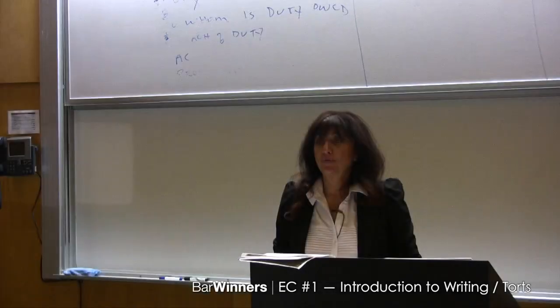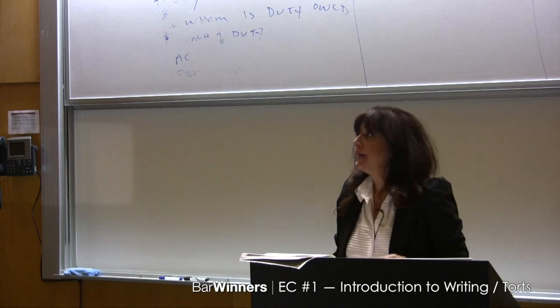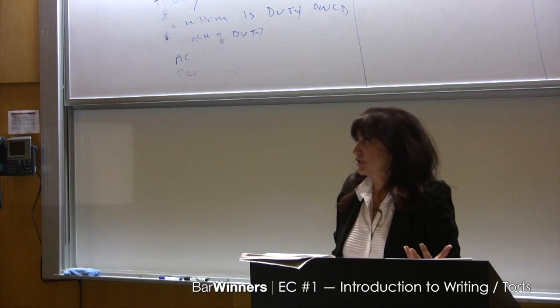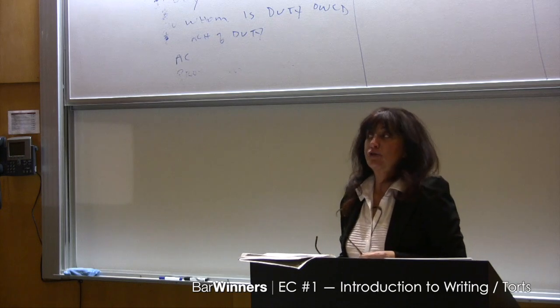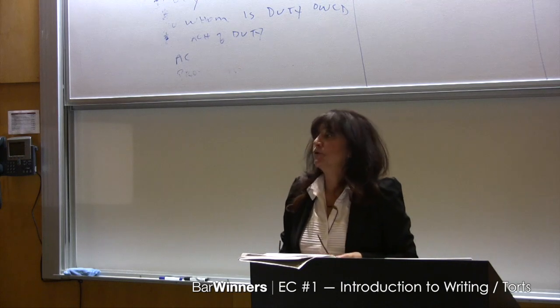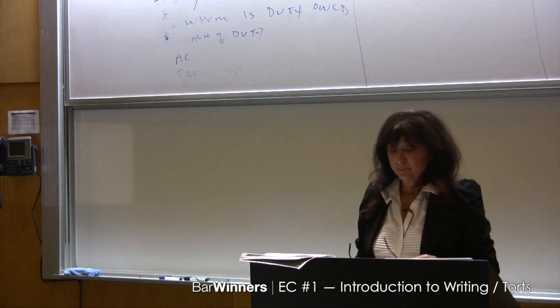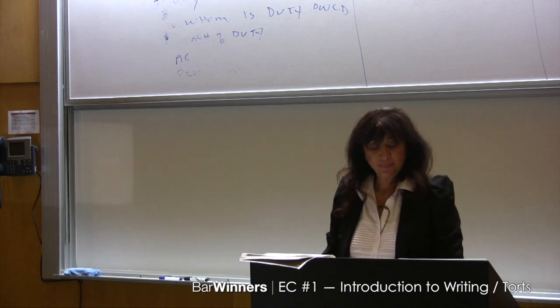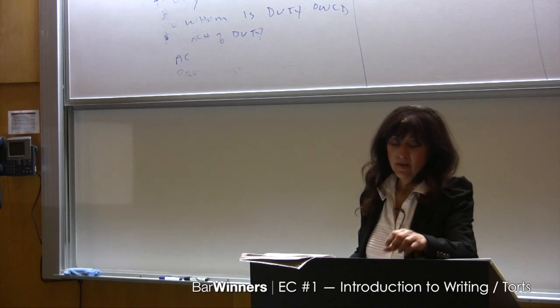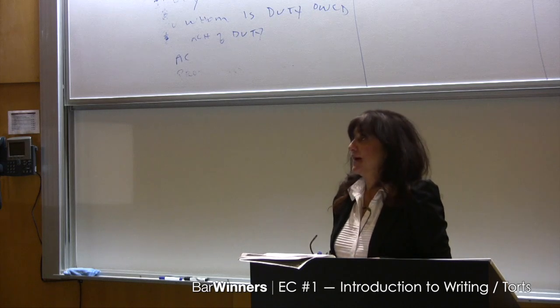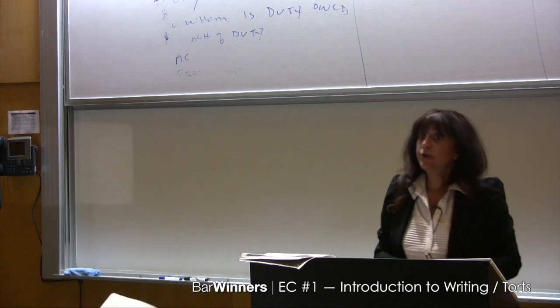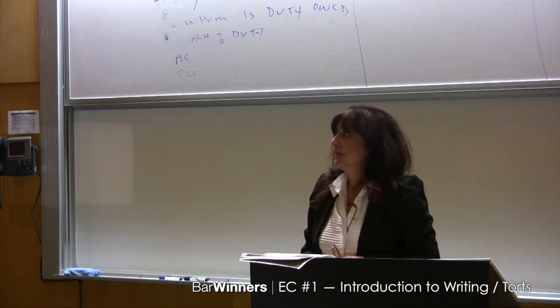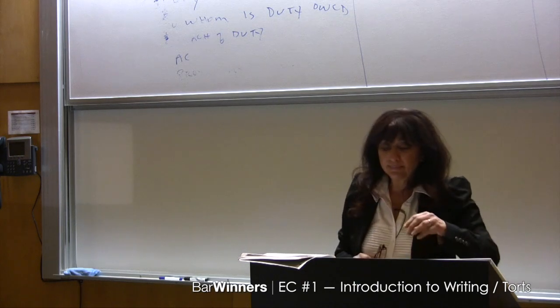So what we're going to go through is I'm going to show you how to outline and write an actual bar exam question. So for this class, will you go to Torts question Peter's wallet in your question book? Everyone turn to Peter's wallet. Both the question and the answer can be found in the BarWinners question and answer book in the Torts section.